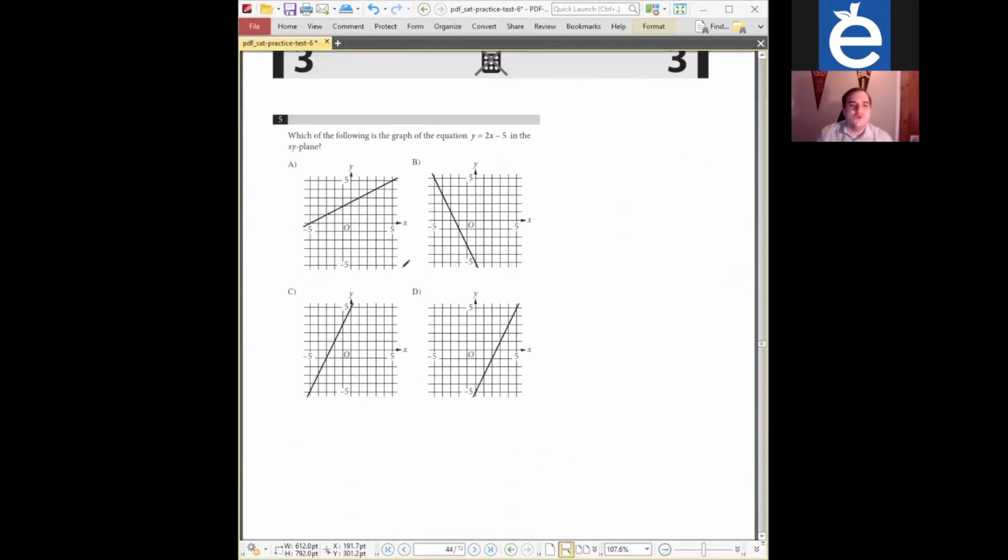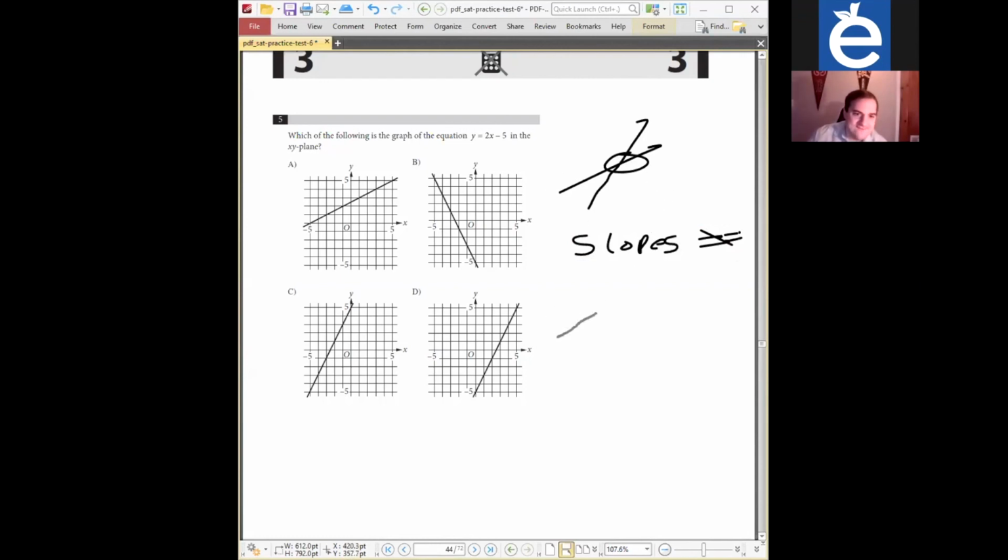There are only 3 types of solutions you can have for a system of lines. You can have one solution when the slopes are not the same. If the slopes are not equal, then you're going to have one solution.